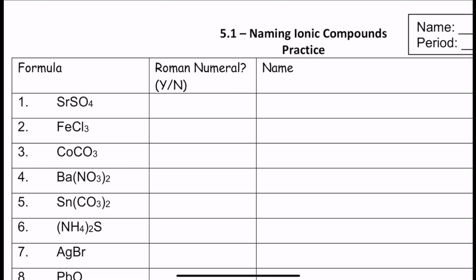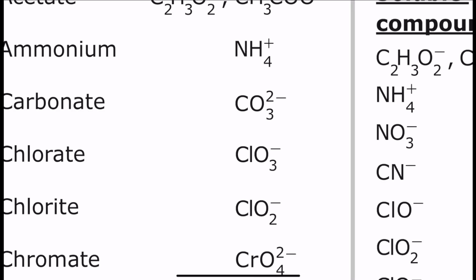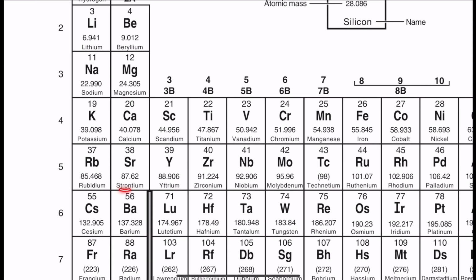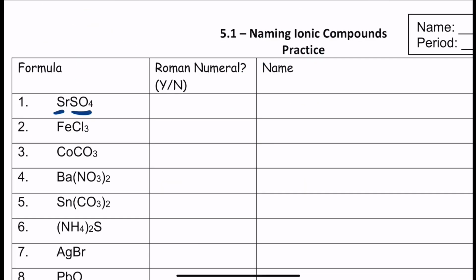For instance, if we have something like SrSO4, I already thought, okay, Sr is some metal, and SO4 is one of the polyatomic ions. So those are the two parts here. Sr is strontium, in the second group of our periodic table, right here. So that means I don't need a Roman numeral for it. I just say the name strontium.